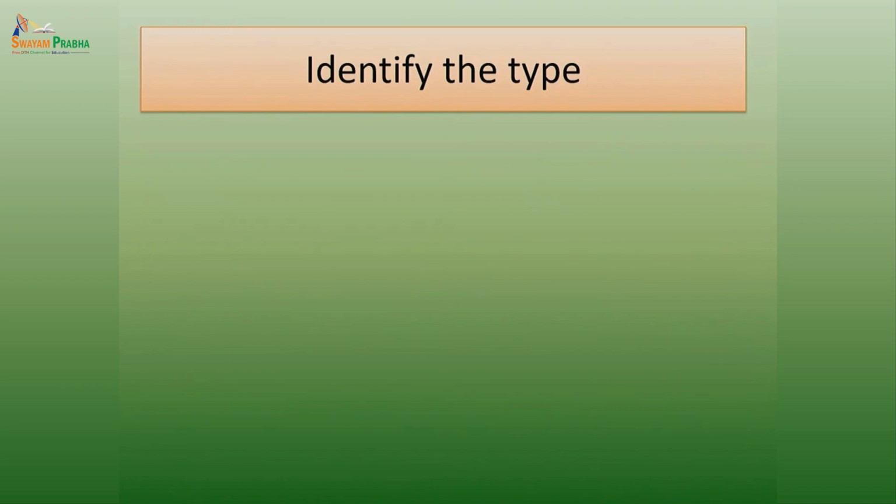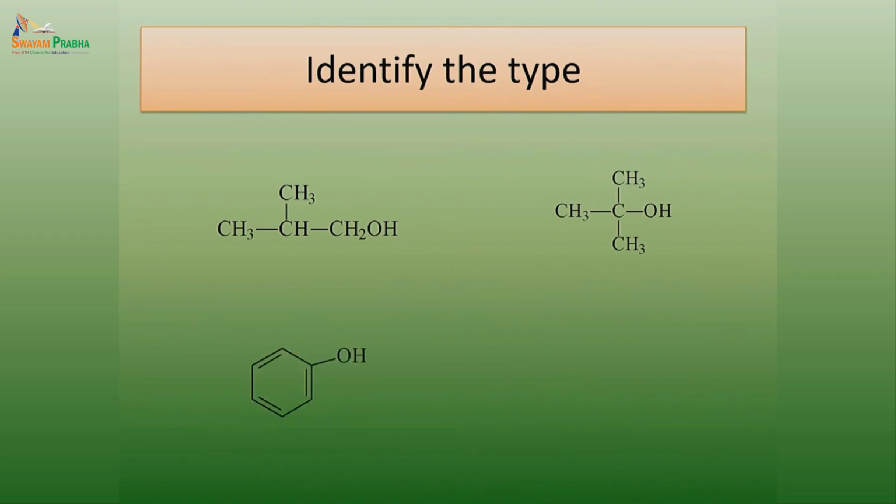So we have multiple types of alcohols. Let us see what all the different types are. Now I will ask you to identify the different types of alcohols which appear on the screen. Just look carefully. So now we have 4 different compounds which have hydroxy functionality.